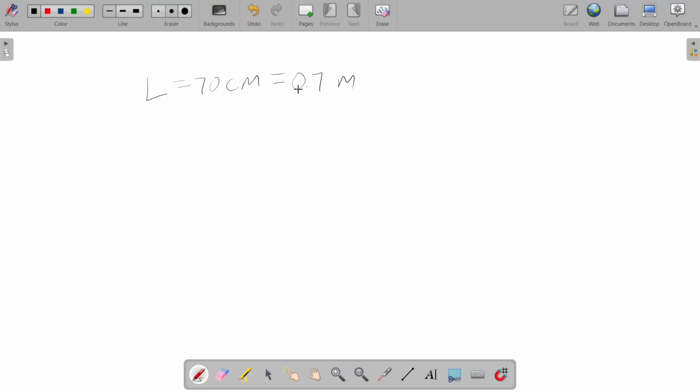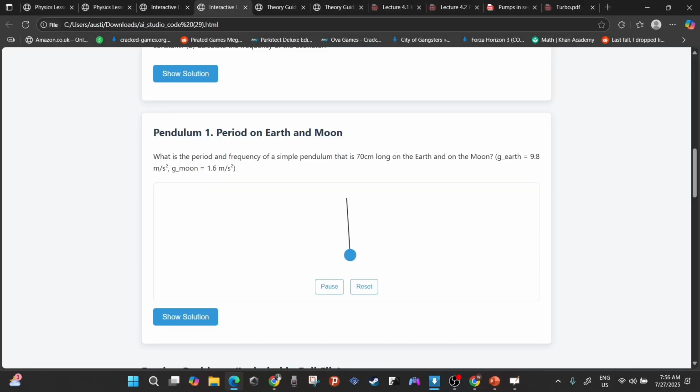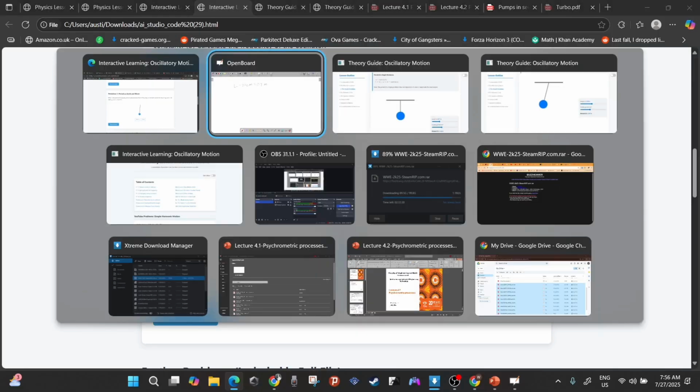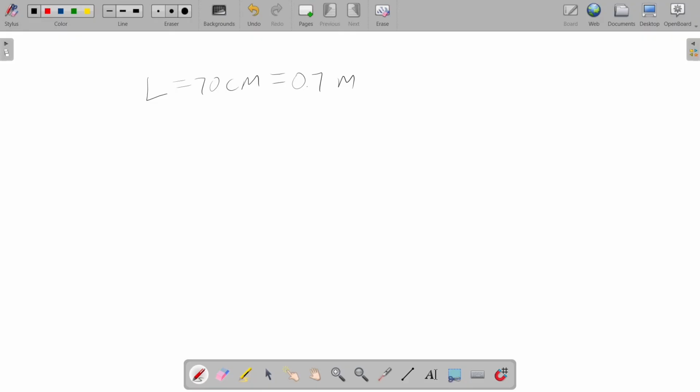Then we have g Earth, 9.8 meters per second squared, and g Moon is 1.6 meters per second squared.